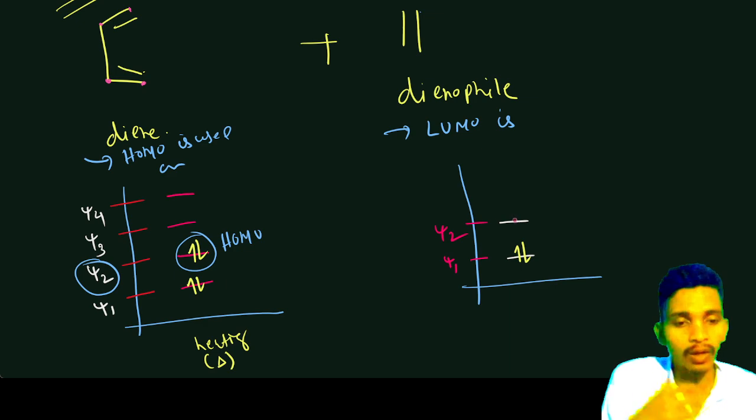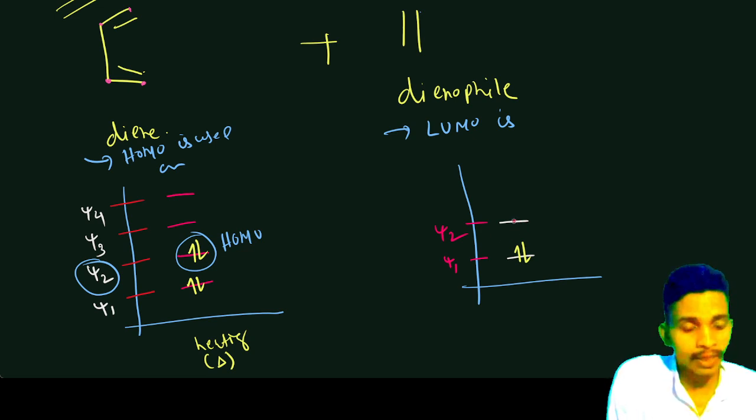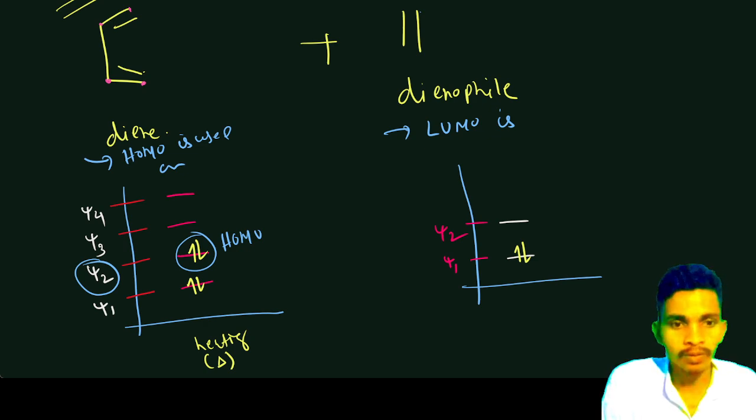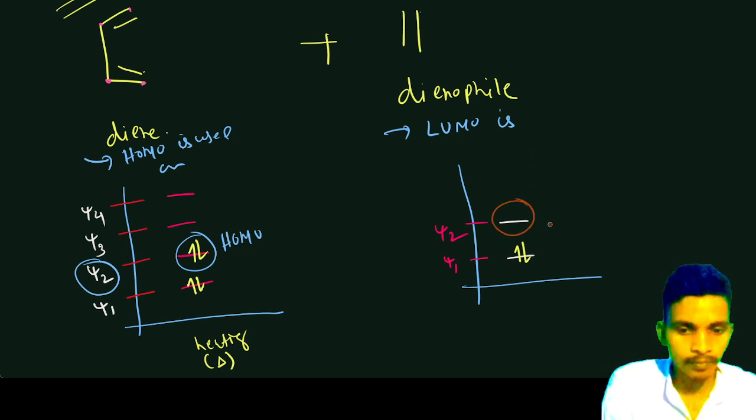That is the lowest unoccupied molecular orbital. It means that this is the lowest and unoccupied. So this is the LUMO here. So psi 2 is the LUMO.